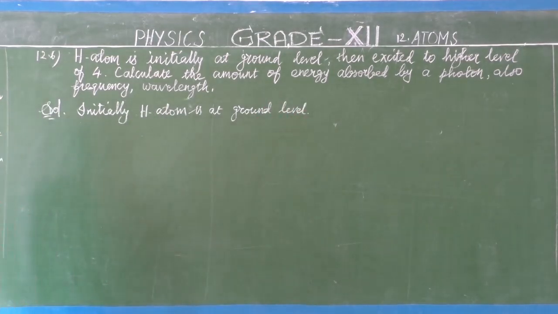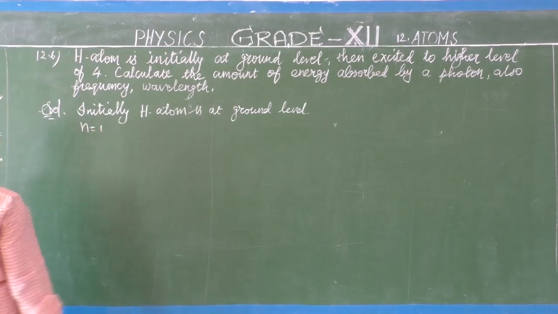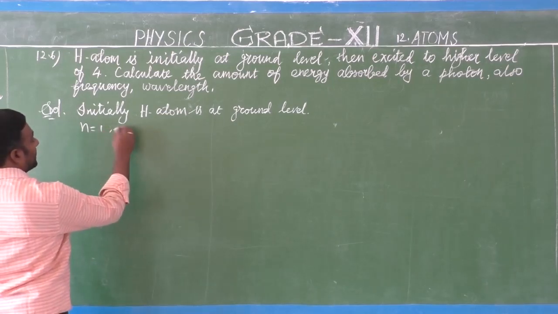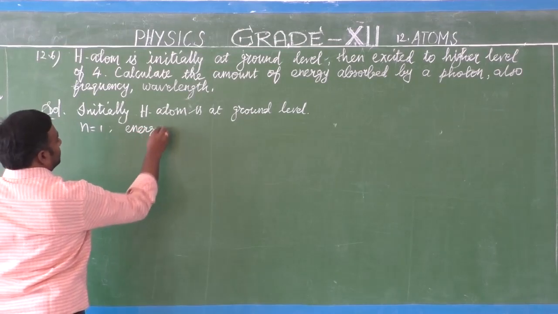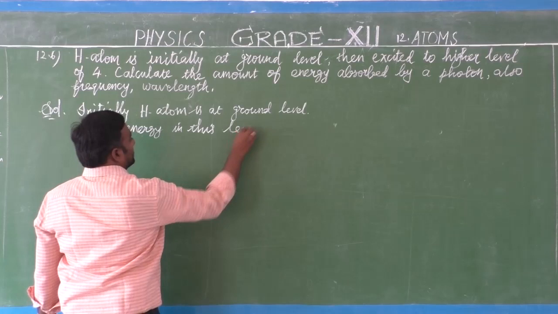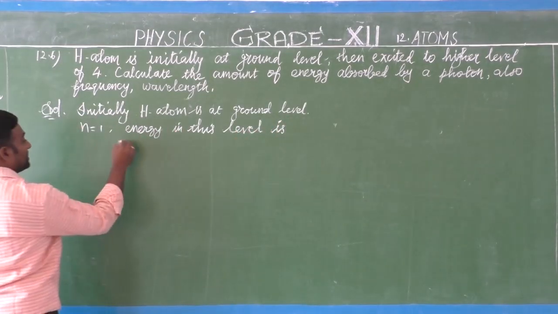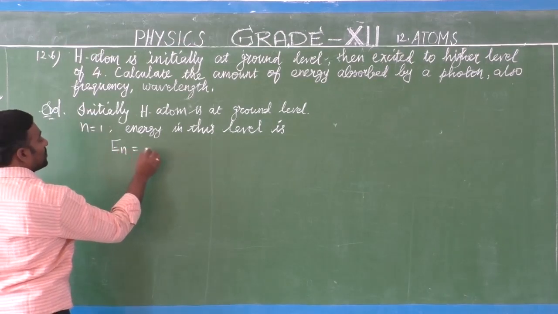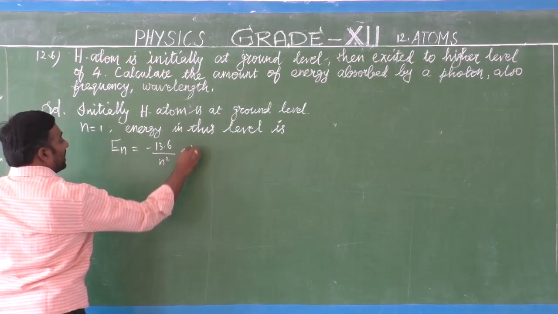When it is at the ground level, n is equal to 1. So what is the energy in this level? We know the total energy of the hydrogen atom, En is equal to minus 13.6 by n square electron volt.